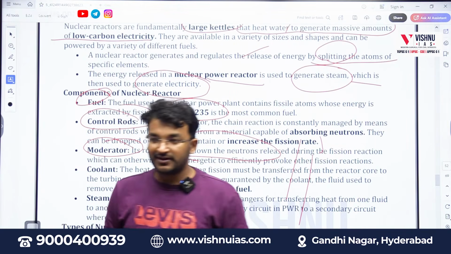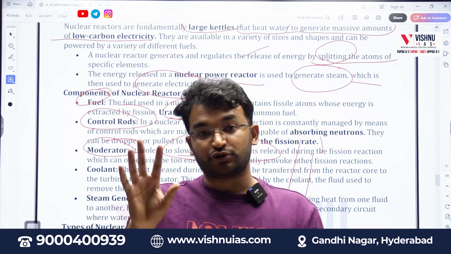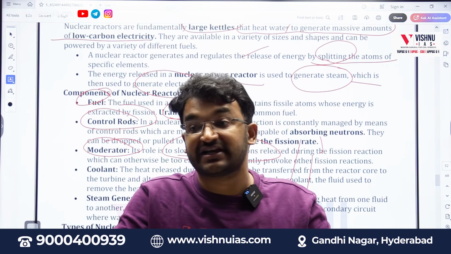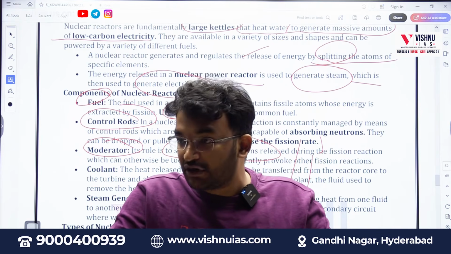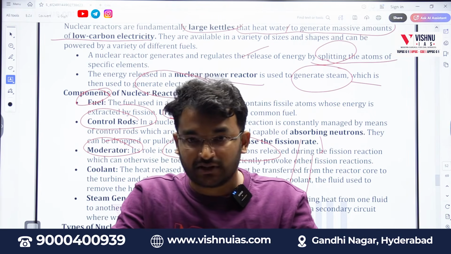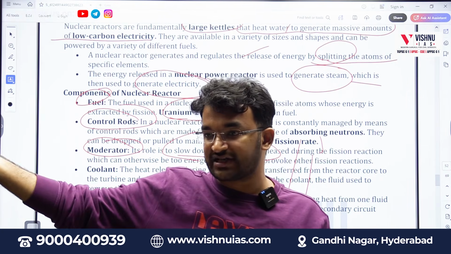Next, coolant. What is the use of this coolant? Now we identified that we have to capture this heat which is produced. How will we be able to capture this heat? We said by heating the water. అవునా కదా, by heating the water it can become steam and it can go outside.